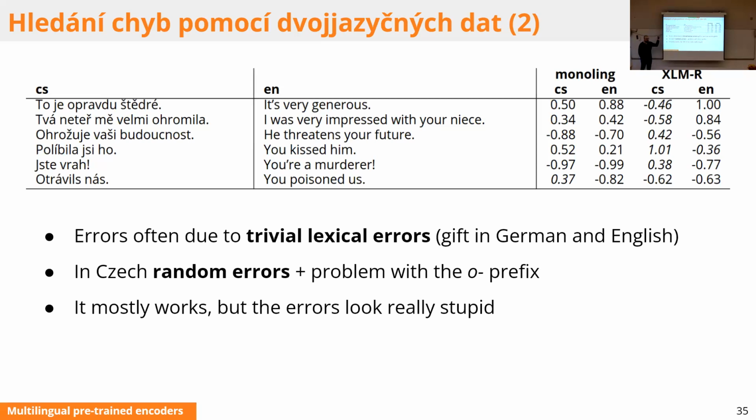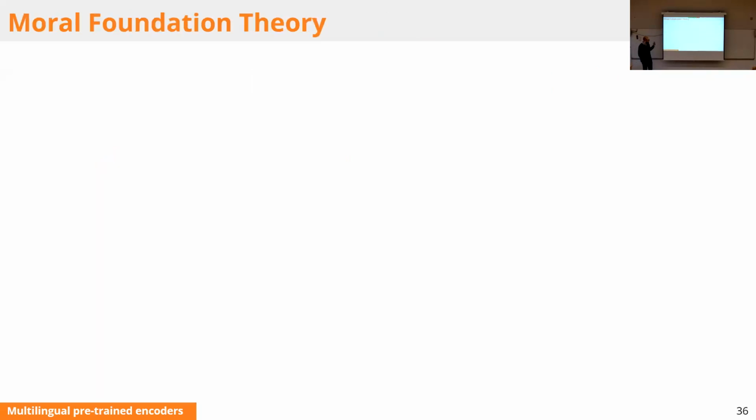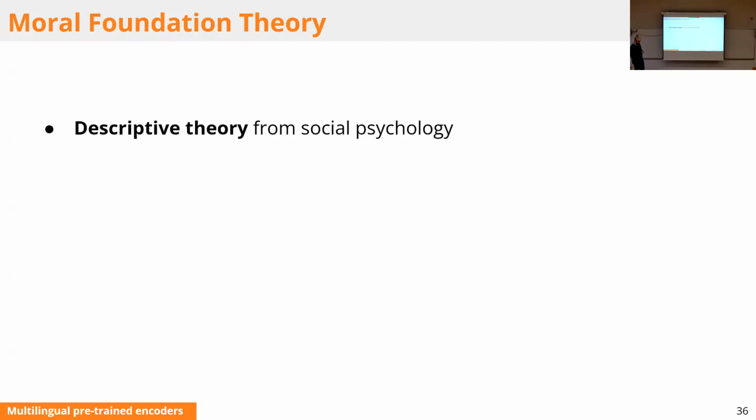So the conclusion from looking at the parallel data was that, well, if it works, it looks impressive, and then you would think, well, it really knows what is moral and what not, and then if you see the examples where it doesn't work, it looks really stupid. But I think this is also the case with most of the models. When you play around with ChatGPT, you are surprised how clever it is, and then it does something stupid, and you're surprised how stupid it is.